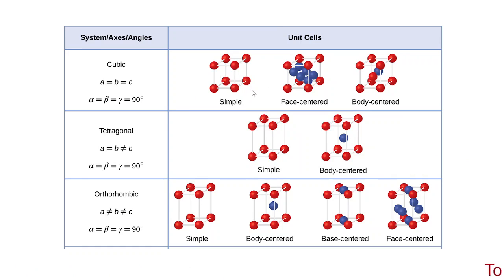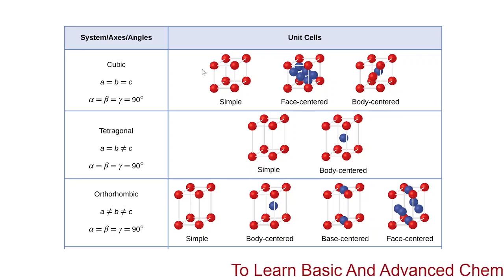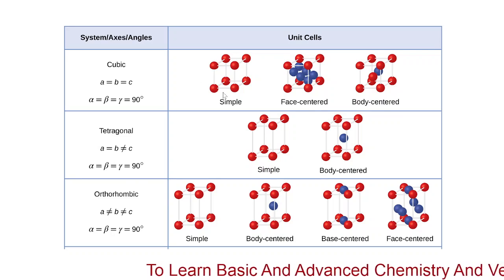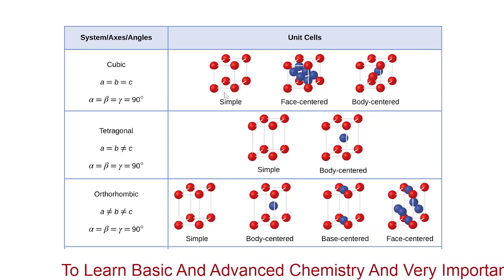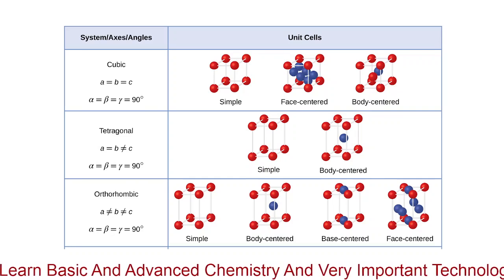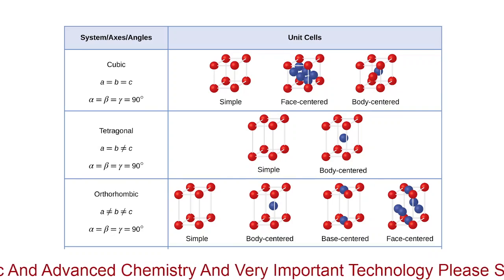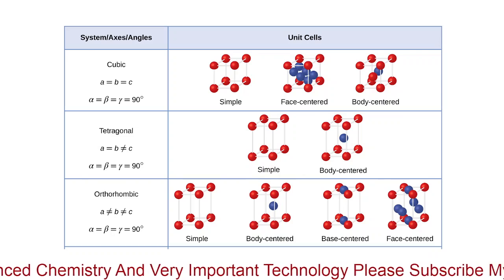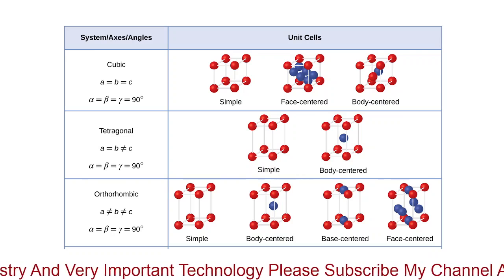We have mentioned that if the atoms are only at the ends of my crystal, if we consider one face or one surface, we can put one atom here, another atom here, another here, another here.